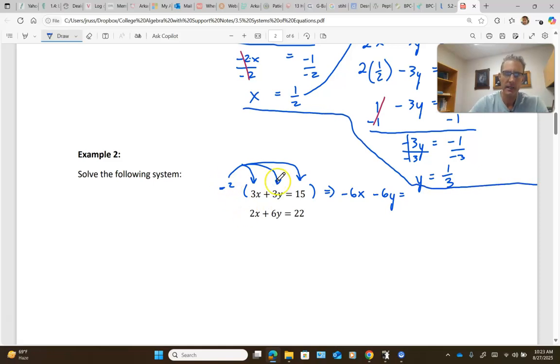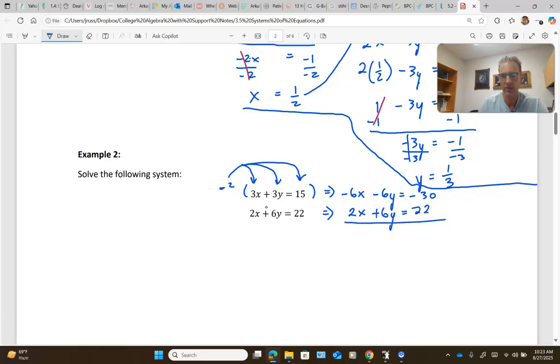And finally, -2 times 15 is -30. Don't forget to multiply your constant by that number as well. Sometimes students will forget that. Then I don't need to manipulate my second equation, so I'm just going to rewrite it below my first one.